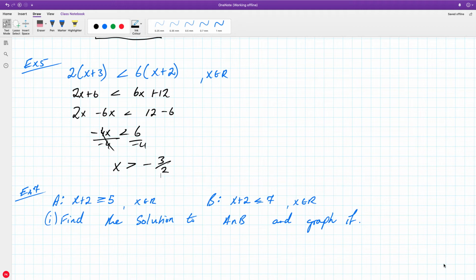Should x smaller than 5 be x bigger than 5? That's easy. Good stuff. Let's look at it.